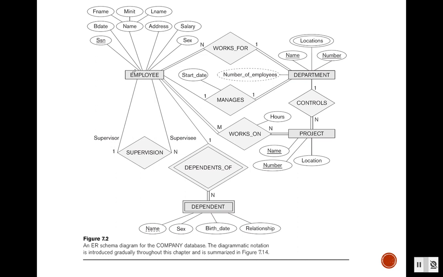All right. So we had the initial diagram for each entity. We had the employee, with each of the attributes. SSN is the key attribute, but employee had another two attributes in our initial design: department, and supervisor.